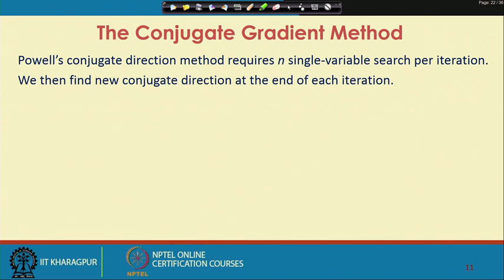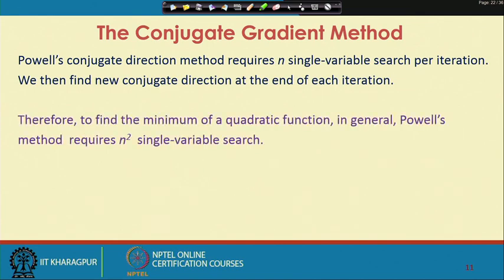Powell's conjugate direction method requires n single variable searches per iteration. We then find a new conjugate direction at the end of each iteration. Therefore, to find the minimum of a quadratic function, in general, Powell's method requires n square single variable searches.